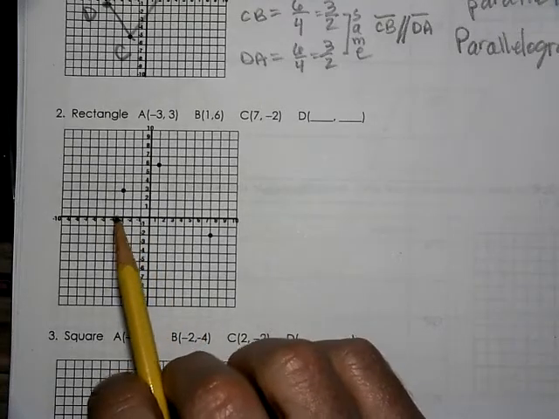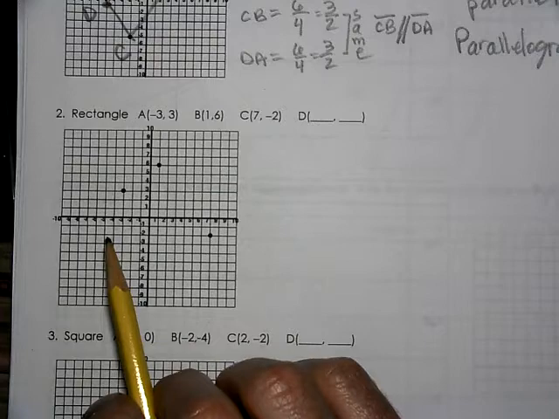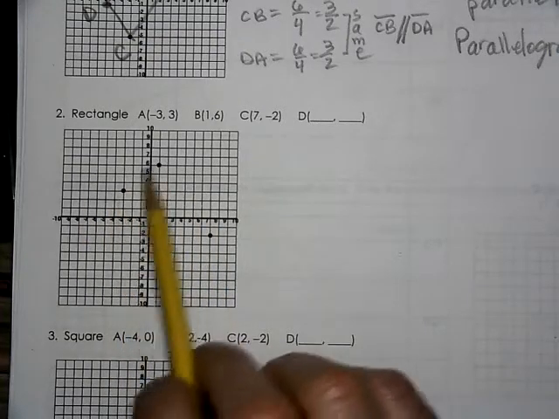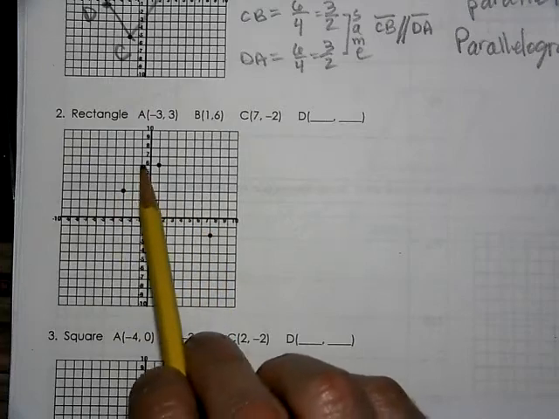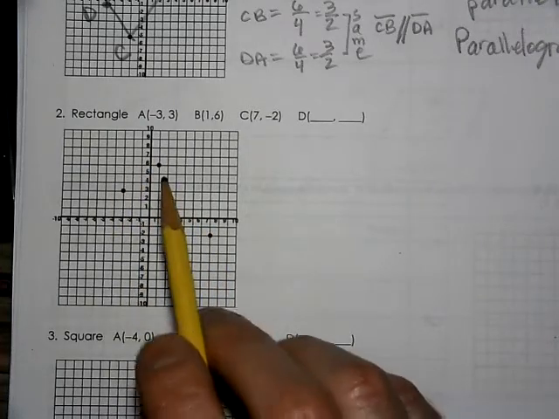Next, we're looking for a rectangle. But with a rectangle, I need to know that consecutive sides have to have opposite reciprocal slopes. So I need to look for the slopes.